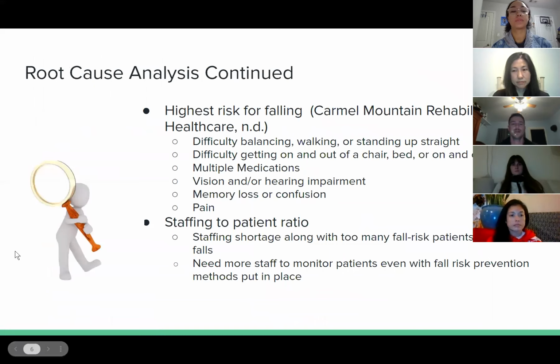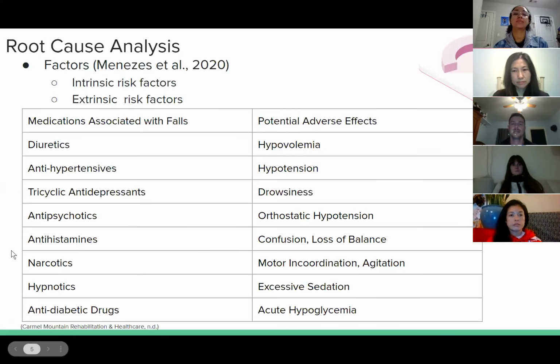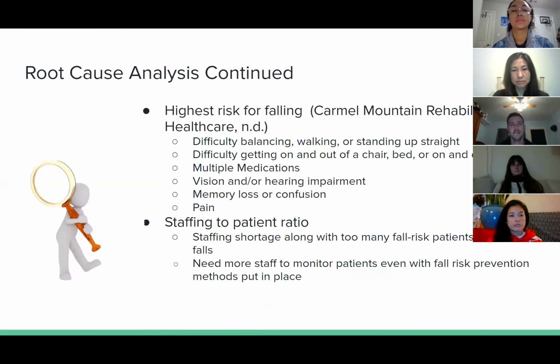We take a look at what the biggest causes were. The highest risk for falling has a lot to do with just polypharmacy, vision and hearing impairments that go along with the patient, memory loss or confusion, and a lot of pain. These are some of the highest things that affect patients' risk for falling, as well as the staffing to patient ratio.